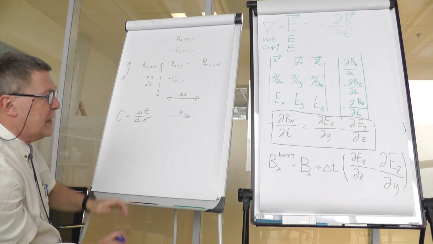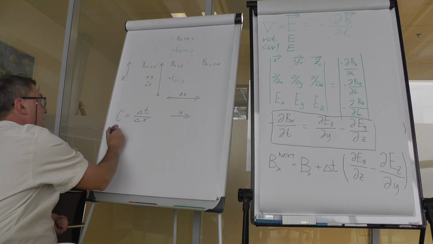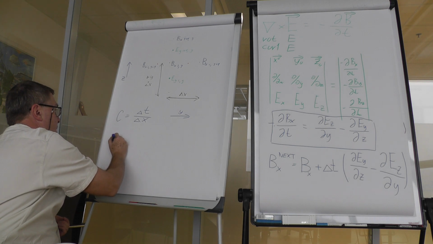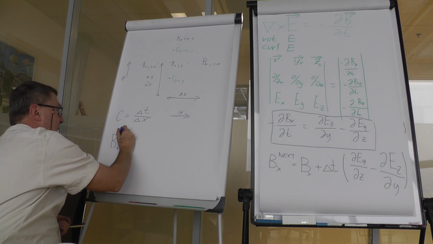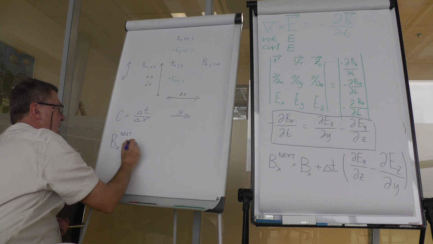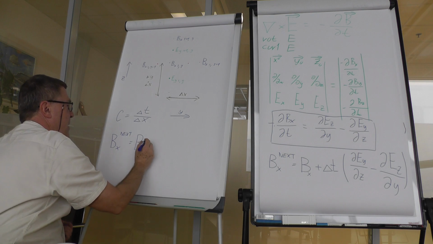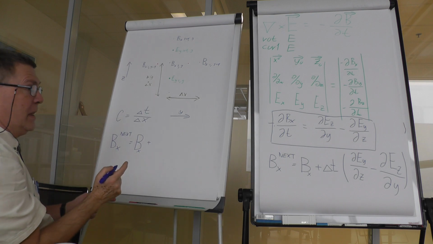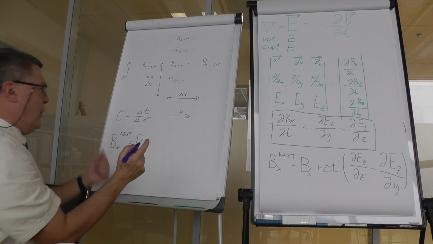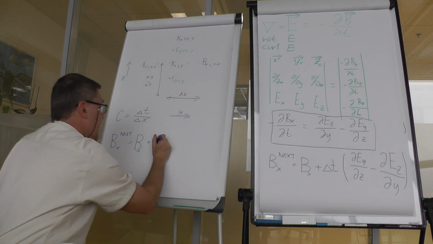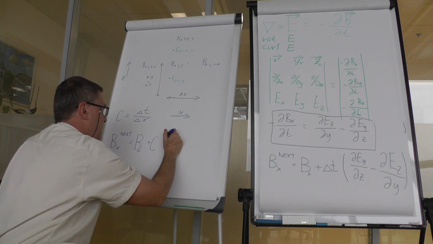Now we can put down that bx, and I will again mark next, is equivalent to bx plus, and we will have c times.